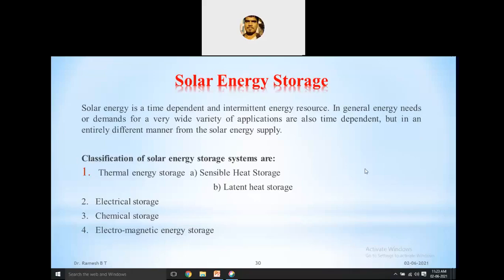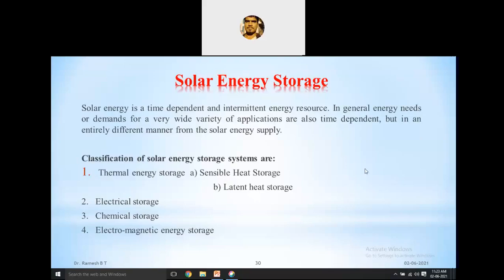This storage will permit solar energy to be captured first when the insolation, or radiation, is highest, and then used later when the need is greatest.